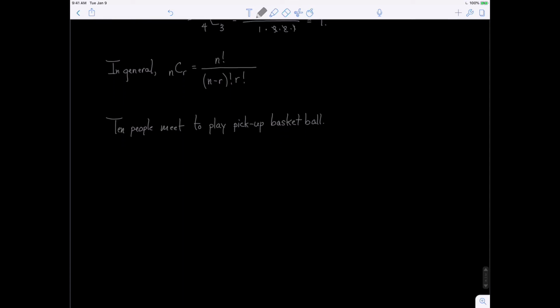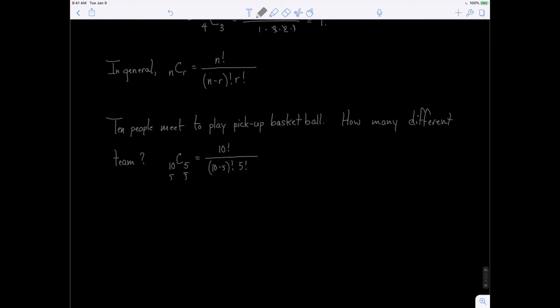So in other words, if I want to figure out how many different teams, well, what I would do is I would say, all right, that's going to be 10 choose 5. So in other words, there's 10 total, and I want to choose all possible groups of 5. Well, that's 10 factorial divided by 10 minus 5 factorial times 5 factorial.